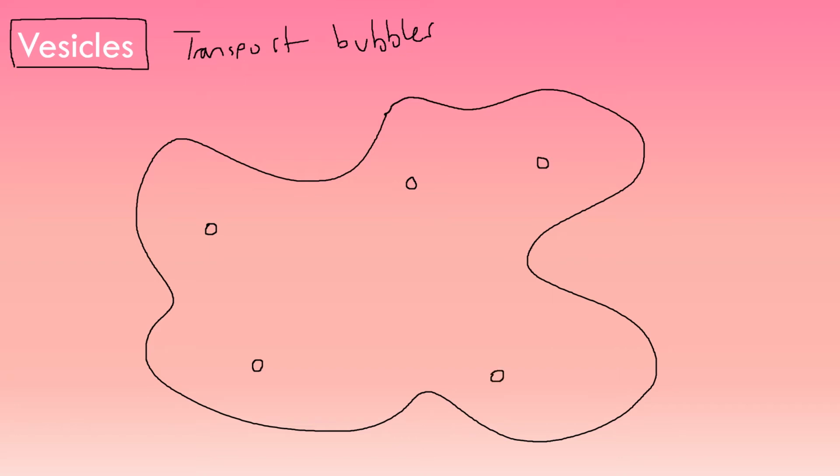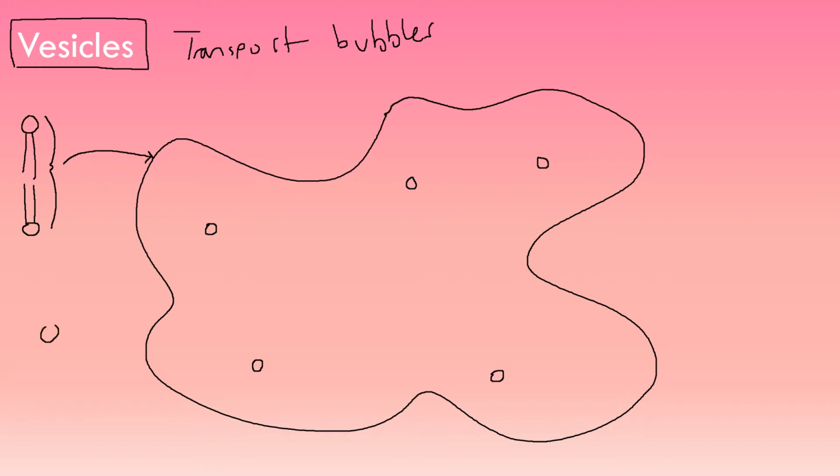Now they perform a really important function in that the vesicles are made of the same stuff as the cell membrane. So you may well have heard, or may well not have heard, that this is a phospholipid, and the cell membrane and the vesicles are made of phospholipids. So the cell membrane, or the plasma membrane, is a double layer. That is the phospholipid bilayer, and that is what makes up the cell membrane.